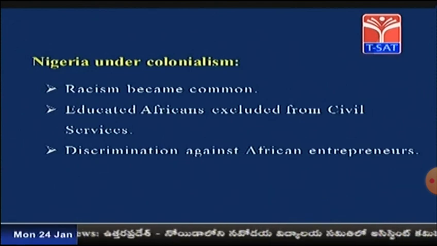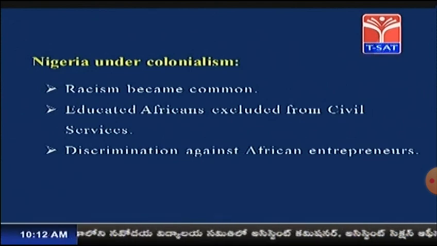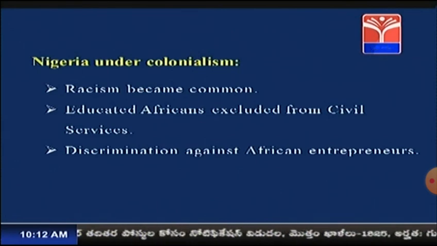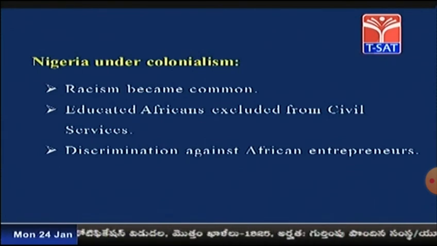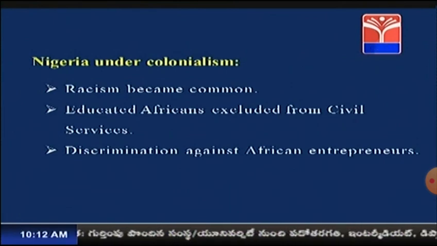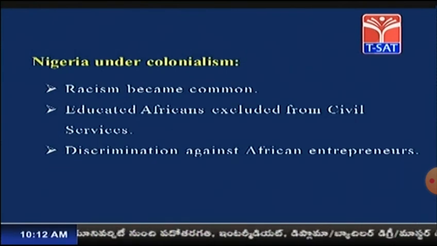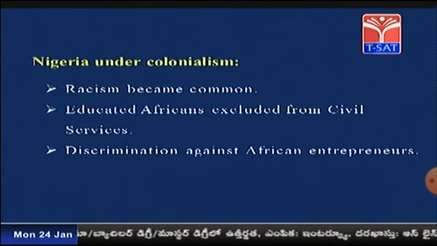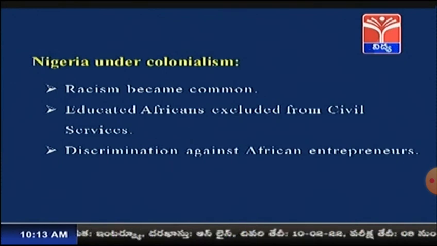So when Britishers ruled Nigeria, these problems arose in the colonial rule. First of all, racism became common. So what is racism? Racism is nothing but different human behaviors, divided as the superiority of one race against the other.